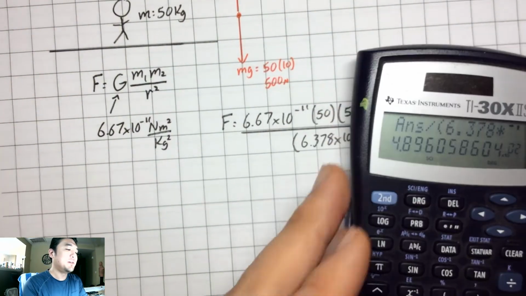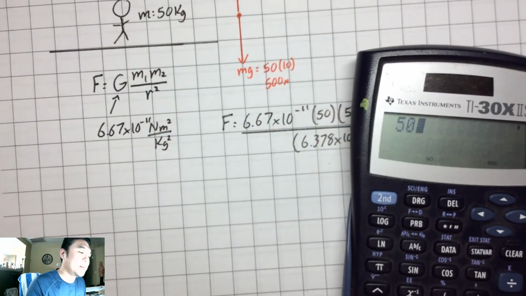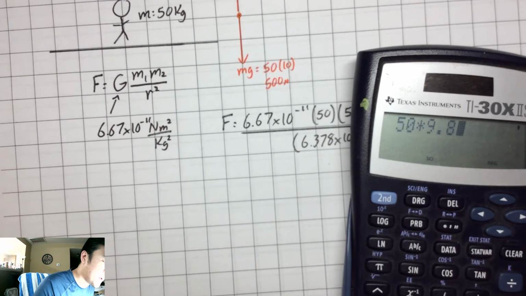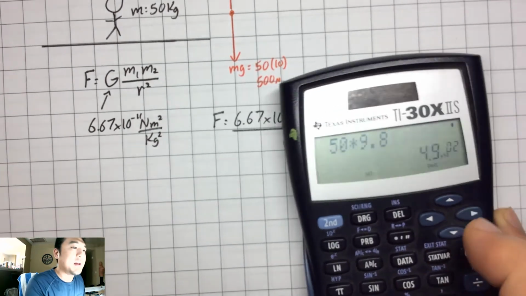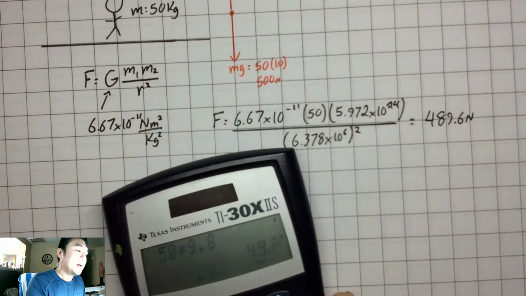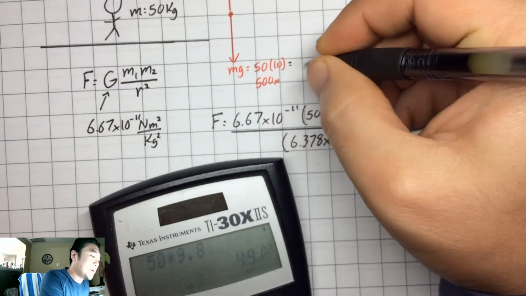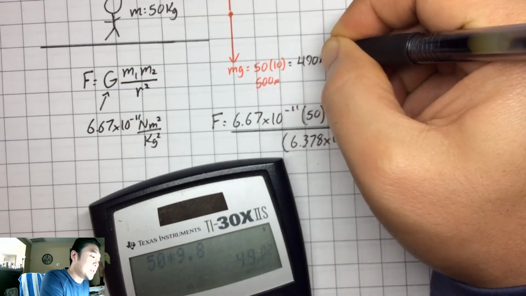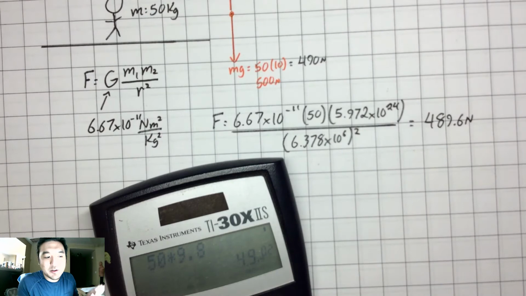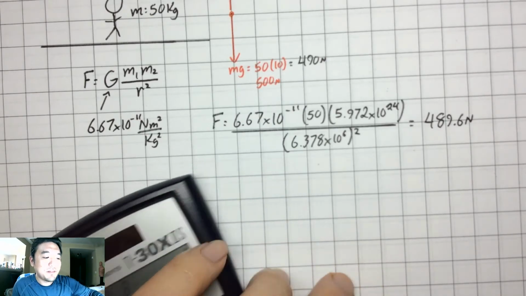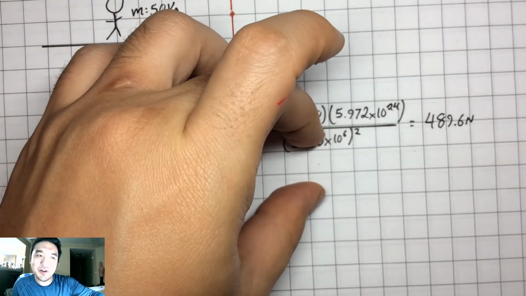What if we used around 9.8? 50 times, not 10, but 9.81 or 9.8. And we get closer to 490. And so this is really about 490 newtons. And that's good because we're actually using the constant 9.8 as we should instead of just rounding it up to 10 like we usually do. And that fits the actual gravitational equation here.